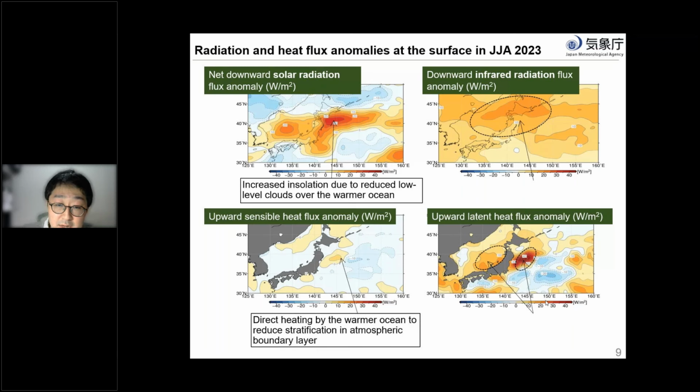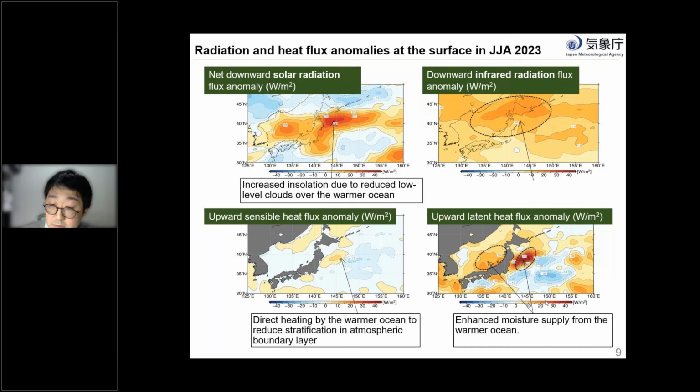It means the atmosphere was directly heated strongly by the warmer ocean, which led to reduced stratification in the atmospheric boundary layer. And furthermore, the moisture supply was also greatly enhanced around northern Japan due to marine heat wave conditions.